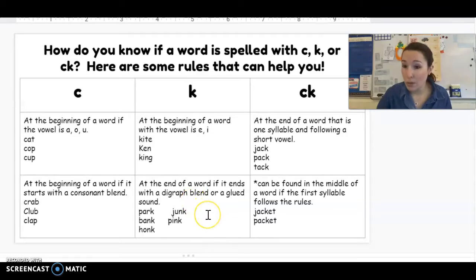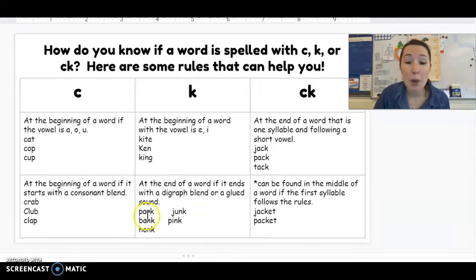Now we'll also use a K if it's at the end of the word that we see the blend. So if the blend's at the beginning of the word, it's going to be a C. If the blend's at the end of the word, it's going to be a K. And that includes our NK glued sounds that we've learned. Because technically our NK glued sounds have a blend in it, but it's easier to remember it as a glued sound than a blend.